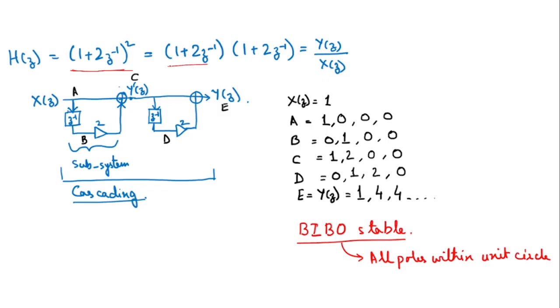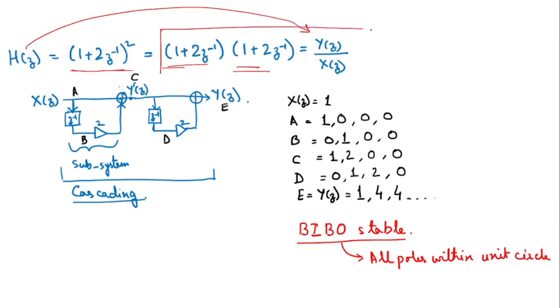So we can write it in this fashion. Again, we can write X(z) in this fashion. You can bring this X(z) here, X(z) multiplied by this one multiplied by this one, and that will be your Y(z).